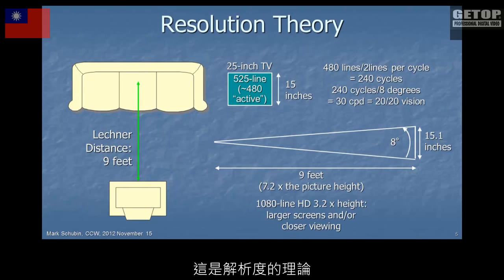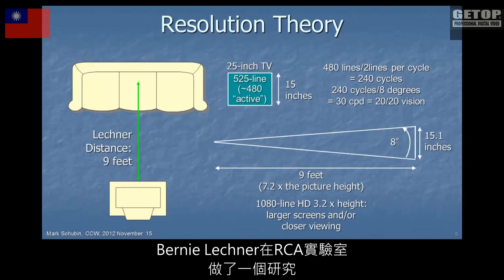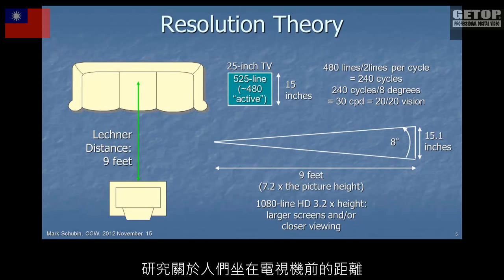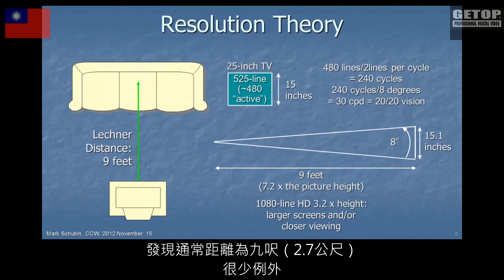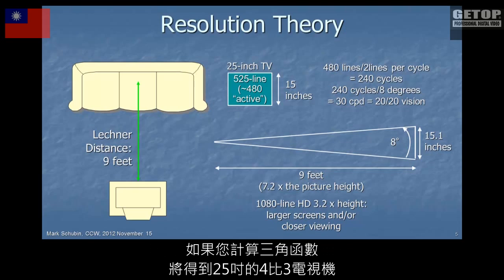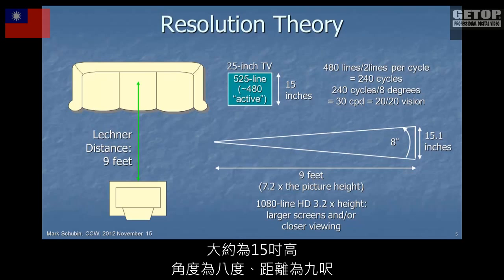So here's resolution theory. Bernie Lechner, a researcher at RCA Laboratories, did a study of how far people sit from their TV sets, found that it was 9 feet with very little variation. And if you work out the trigonometry, it turns out that a 25-inch 4:3 TV set is about 15 inches tall.